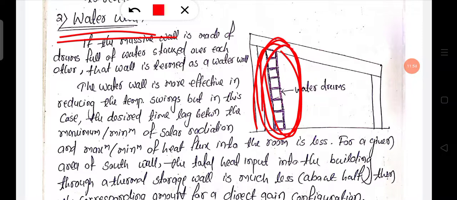These water drums capture heat and store that heat for night purposes or winter night purposes.